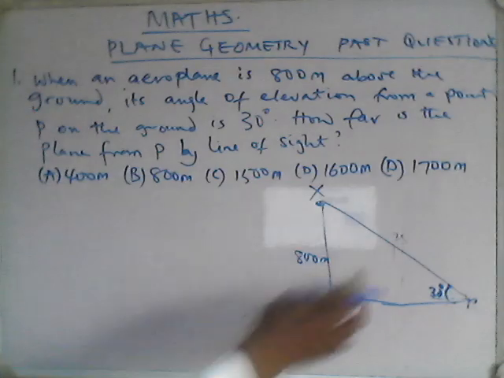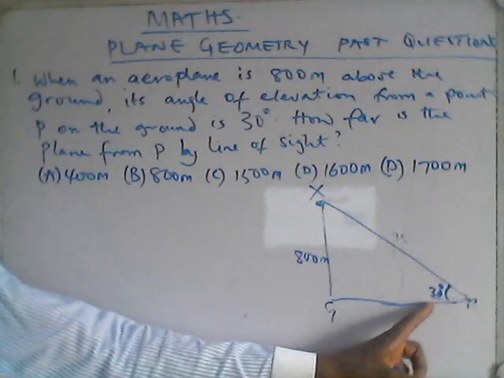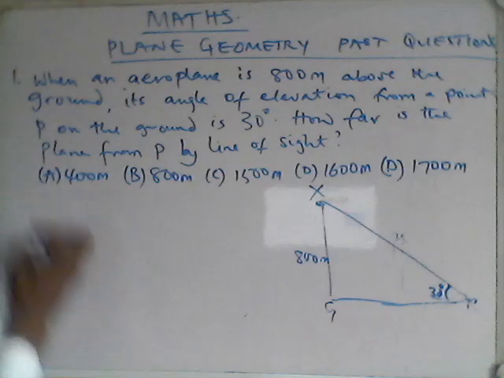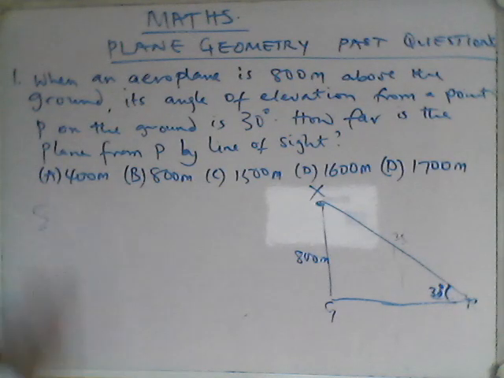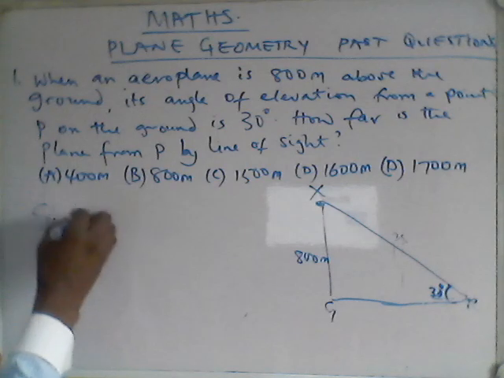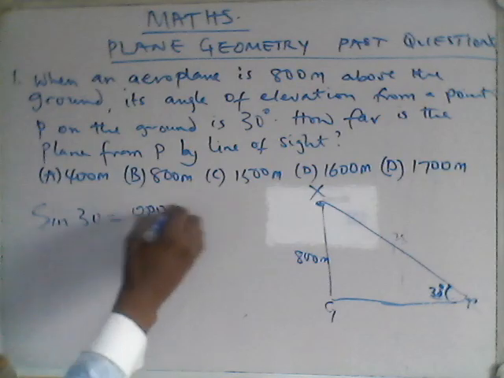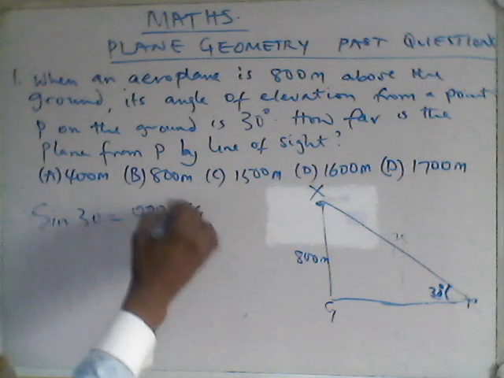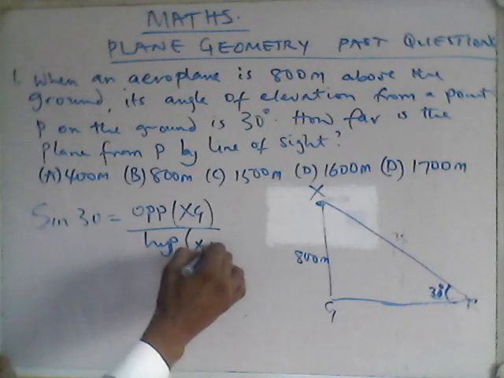Yes, this is opposite and hypotenuse. I'm going to be using the trig ratio sine, and I will say sine 30 is equal to opposite, which is XG, over hypotenuse, which is XP.